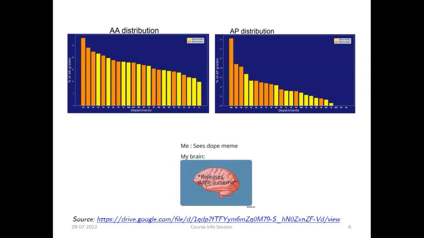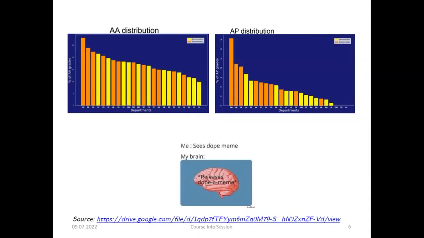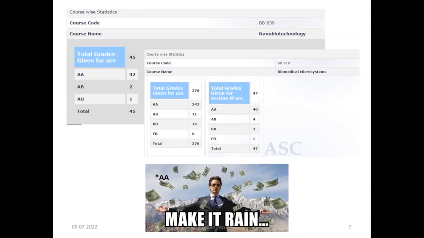If you look at the distribution of AA and AP, you can see the bioscience department coming in at second number. So bioscience is very generous in distributing grades, and the courses are really, really interesting. Plus the grading is also super chill, so it becomes a really fascinating experience.